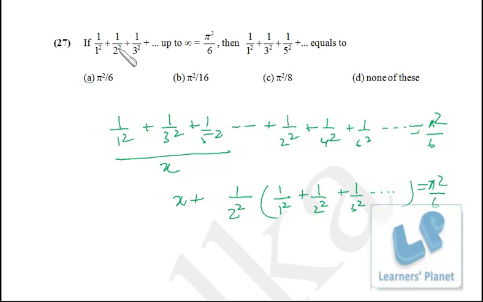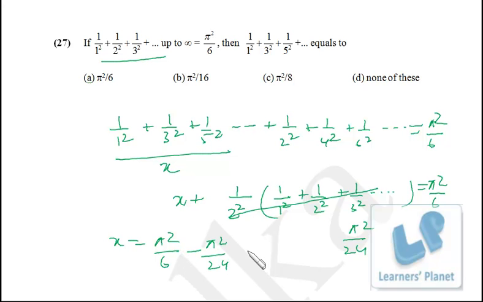So this thing is again pi square by 6, so pi square by 6 by 4. So that is actually pi square by 24. Now we have to find out the value of x. So x is equal to pi square by 6 minus pi square by 24. So that is 4 pi square minus pi square, that is 3 pi square by 24, that means pi square by 8.